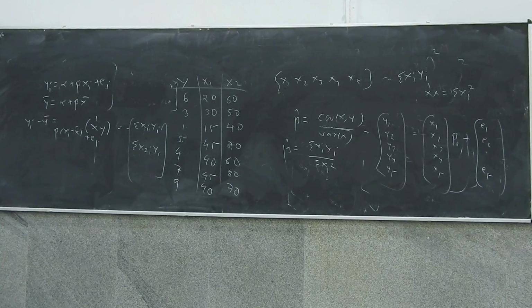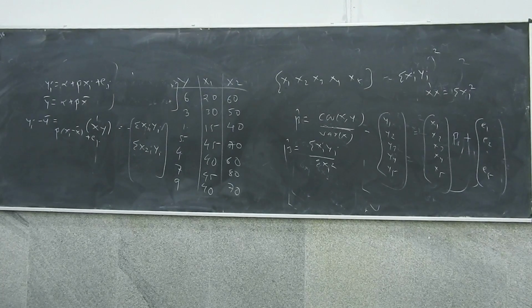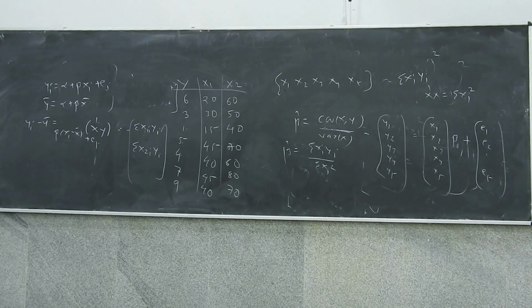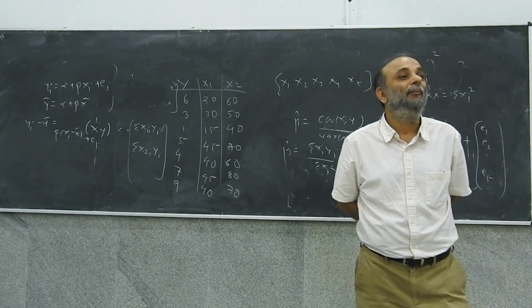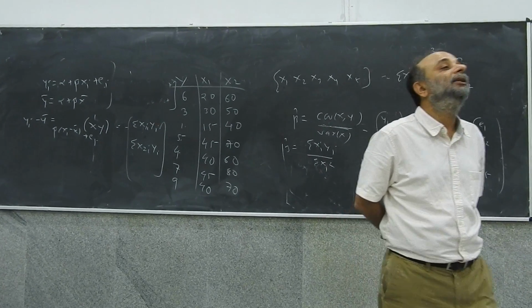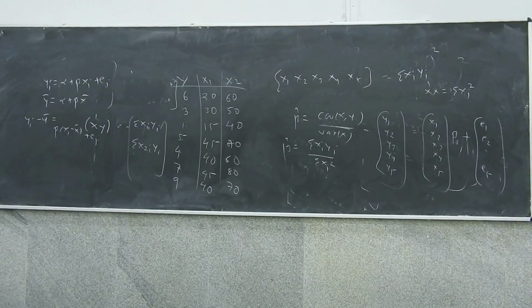So you've got children who are doing well in school. You have to find out how well children do in school depends on how educated their parents are. So your yi could be a child's marks in the 5th standard examination. x1 could be the father's educational level and x2 could be the mother's educational level.